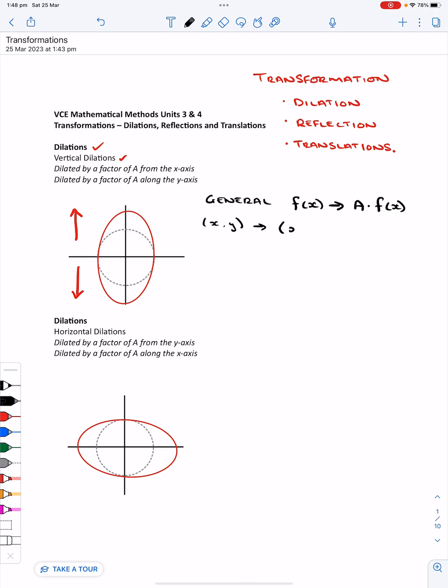So we're not doing anything horizontally to the graph, but we are multiplying every y coordinate by a factor of a. So we're not doing anything to the image of x. We're not transforming anything to do with x. However, we are transforming the image of y. So I'm going to write y image equals ay.